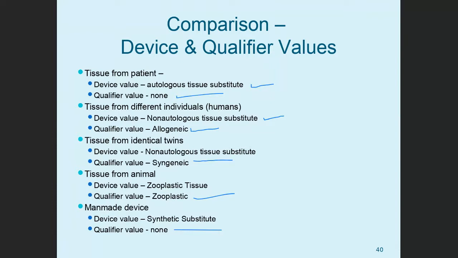So non-autologous is used in these for device value, but the qualifier value gets more information on what kind of non-autologous tissue, what kind of autologous tissue. So it gives more information. When you use those two together, it gives more information.